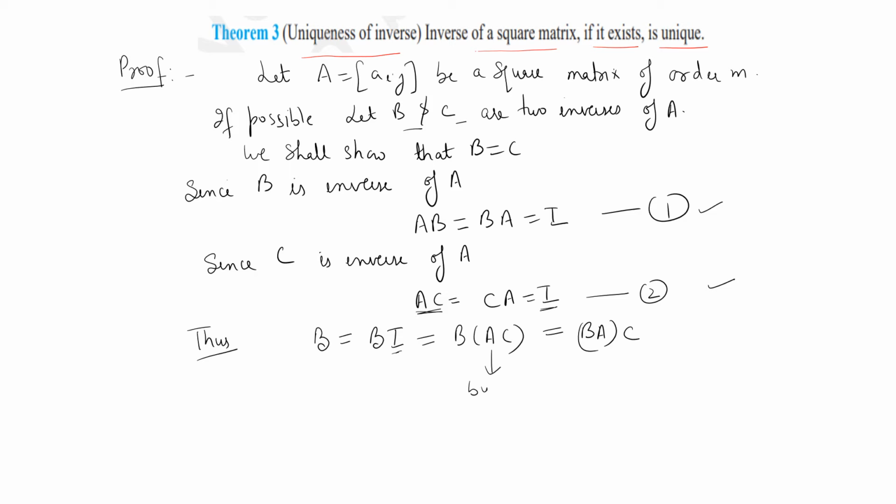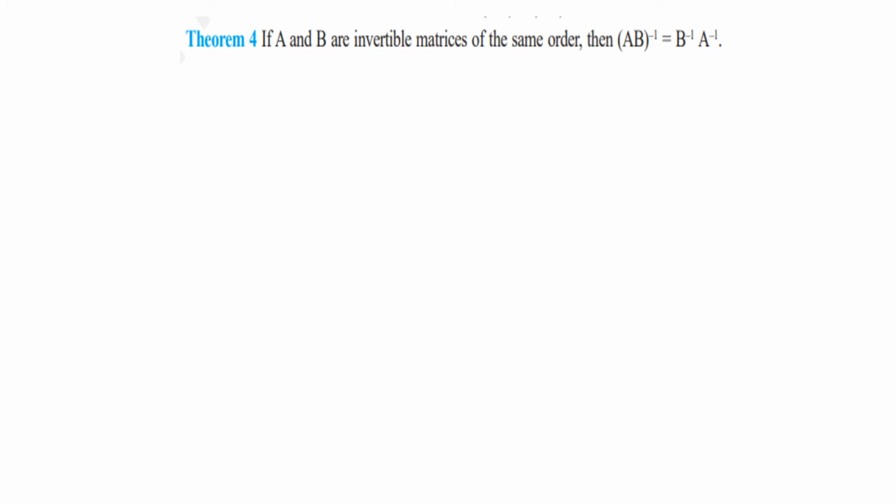Here I used equation number 2, by which it turned out to be this, and now I will use equation number 1. So it turns out to be I into C. And what is I into C? It is equal to C. So what do we get? B is equal to C. Which clearly means that the inverse of a square matrix, if it exists, is unique.